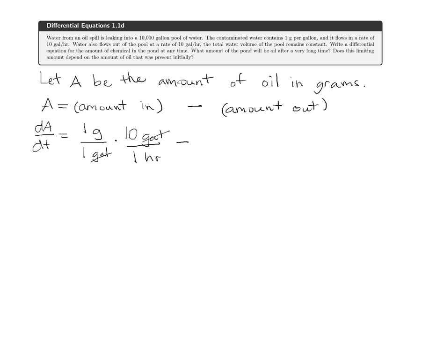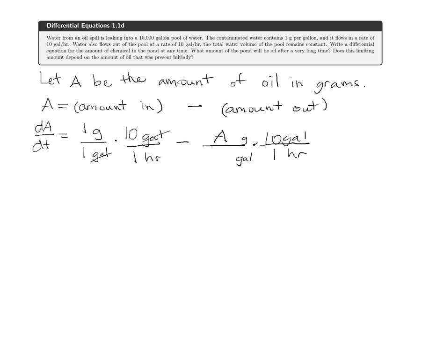All right, now what about the water that's leaving the pool? Well, once again, I see 10 gallons per 1 hour, but what about the number of grams and the number of gallons here? Well, we assume that it mixes really well in the pool and that the water that's flowing out is representative of the composition for the entire pool. So we need to look at the whole pool. How many grams were in the entire pool?